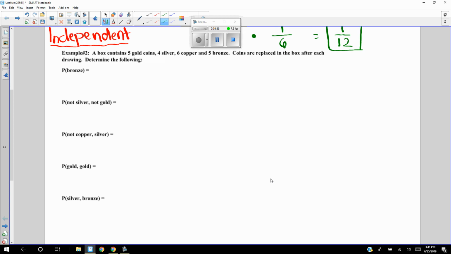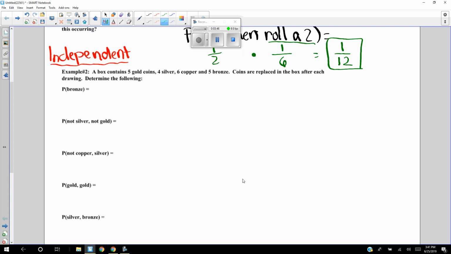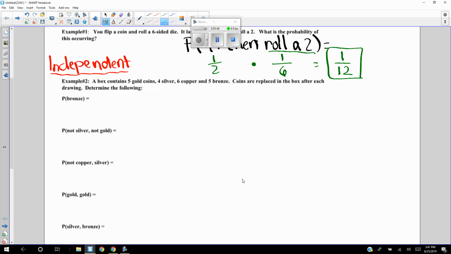And then example 2. Here we've got a box that contains 5 gold coins, 4 silver, 6 copper, and 5 bronze. Here's that key phrase. Coins are replaced. If the coins were not replaced, think about it. If you choose 1 coin out of that box, that means you're decreasing the total sample size when you go in for your second pull.